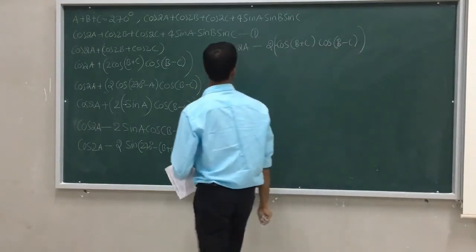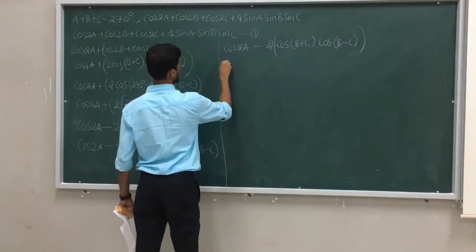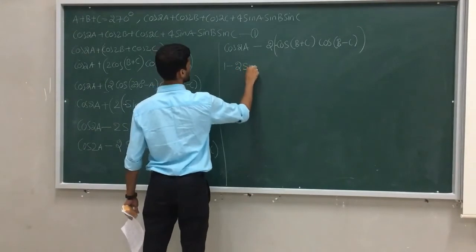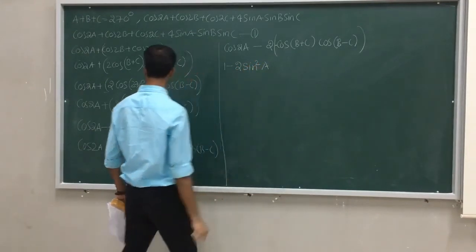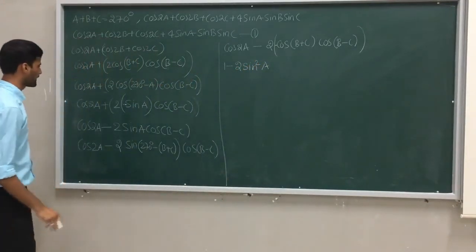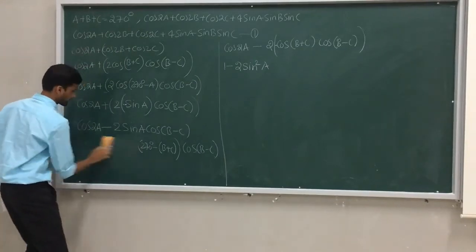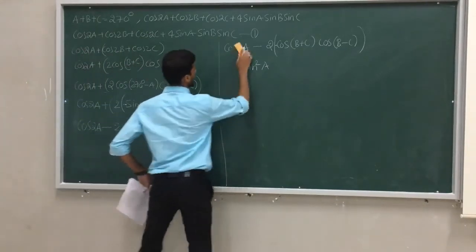Now cos 2A can be written as 1 minus 2 sin square A. It is better to do this here, otherwise we can't get our required answer directly.